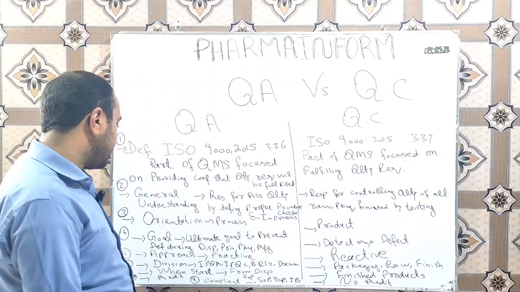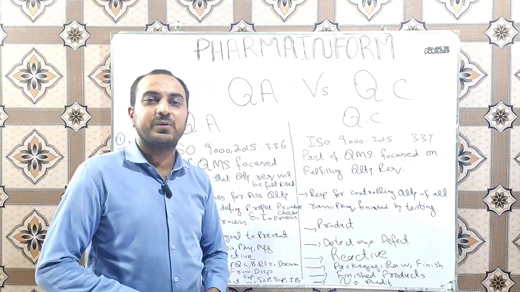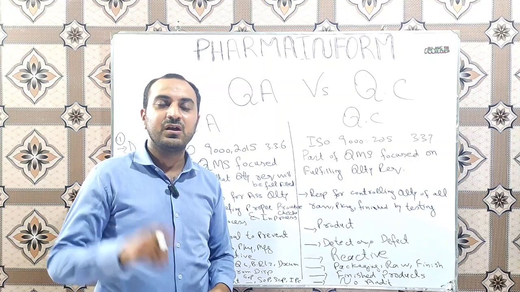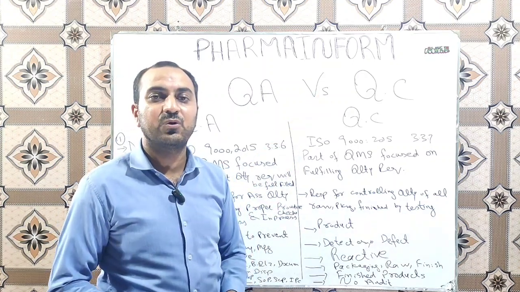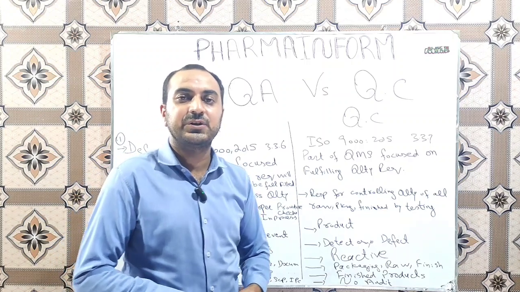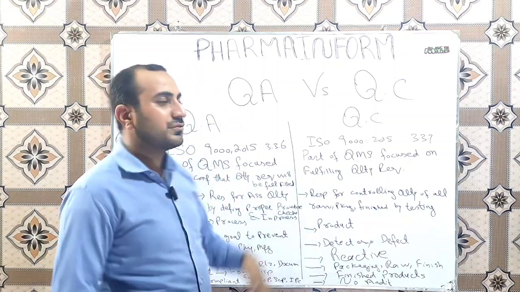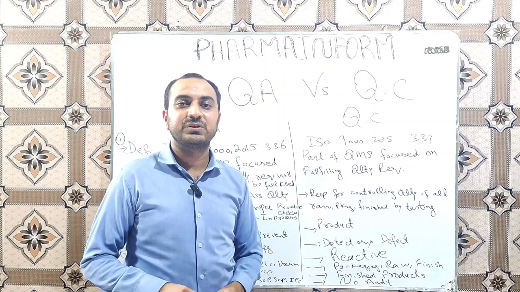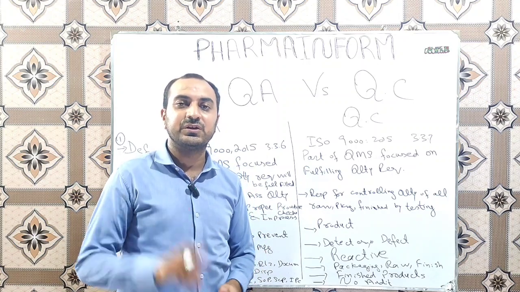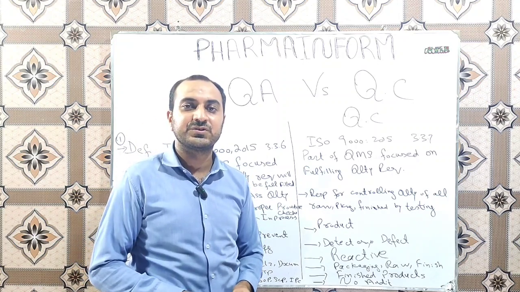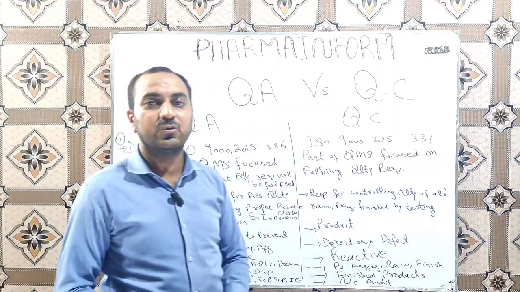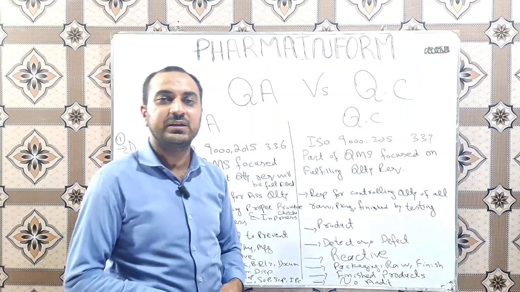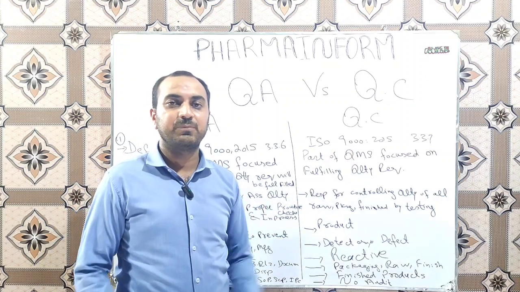The next one is that the quality assurance department has the authority to audit other departments, but the quality control department has no authority to audit other departments. Quality assurance deals with customer complaints and it is involved directly in investigation and dealing with the customer complaints, while quality control is not involved directly in dealing with customer complaints.